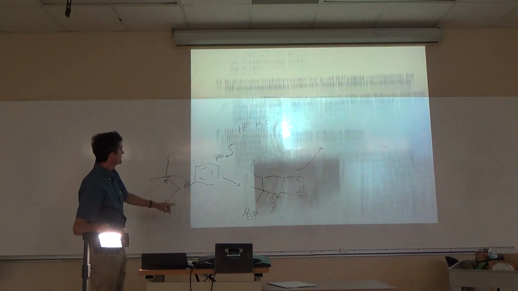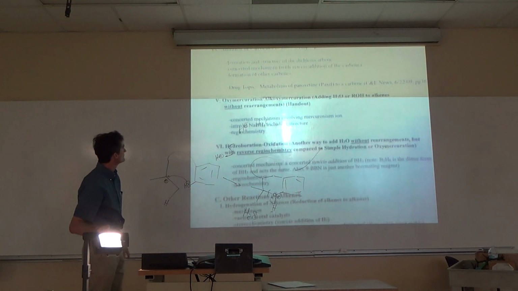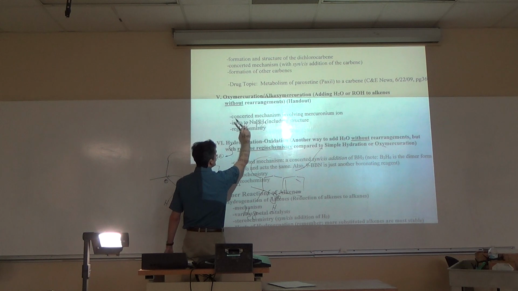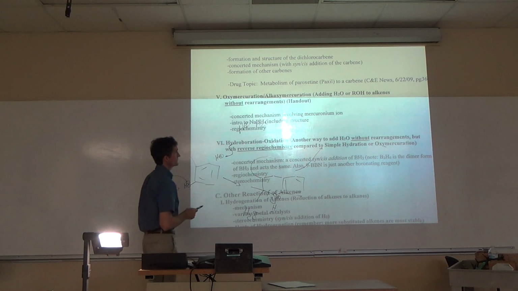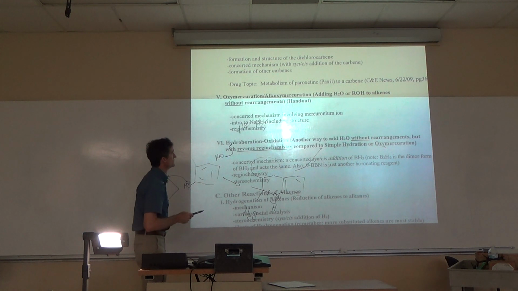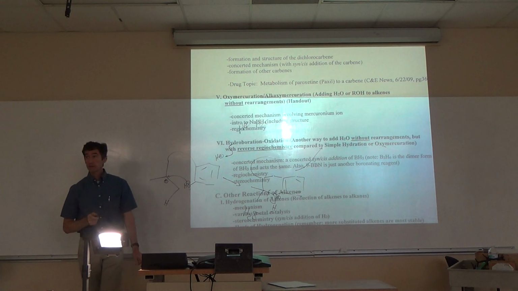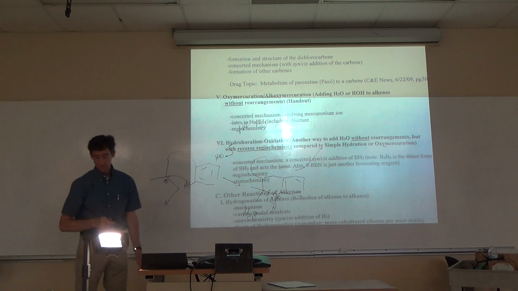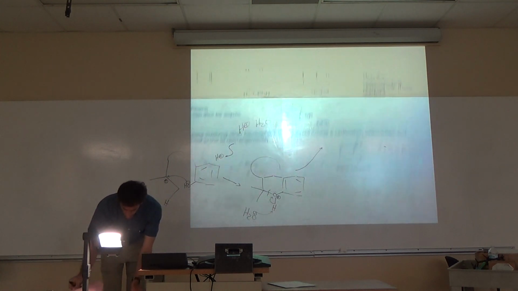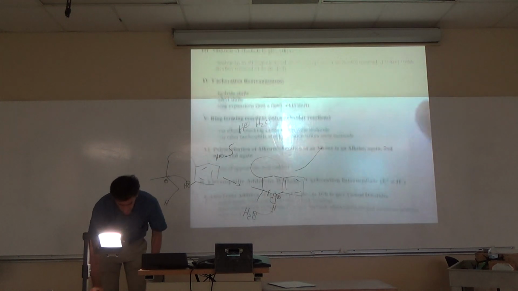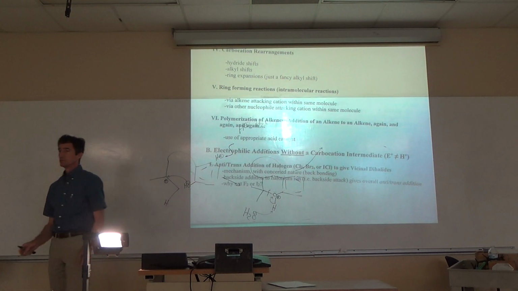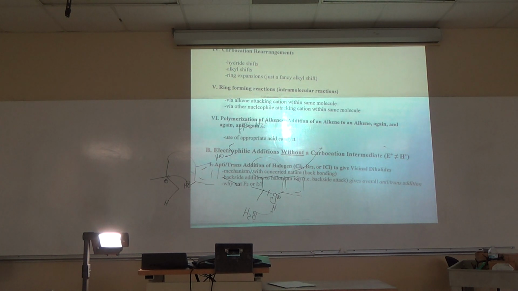But first, Roman numeral 5, oxymercuration, or alkoxymercuration. Adding water or alcohol to alkenes without rearrangement. By the way, none of the reactions under B will have rearrangements. Why?